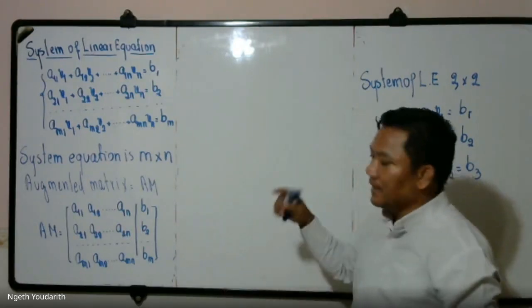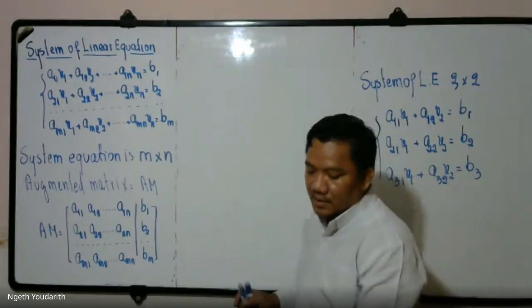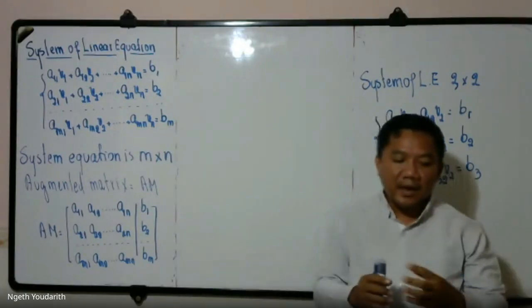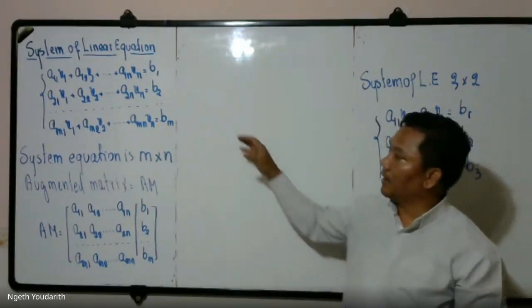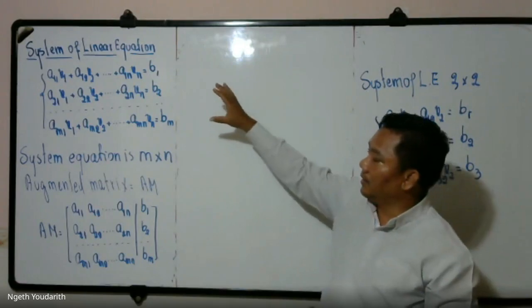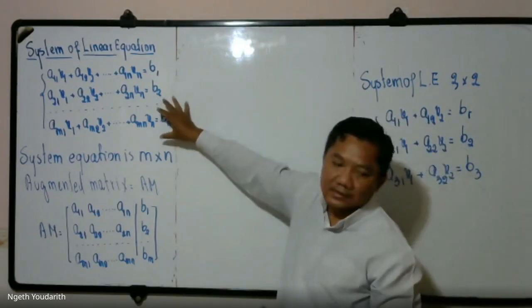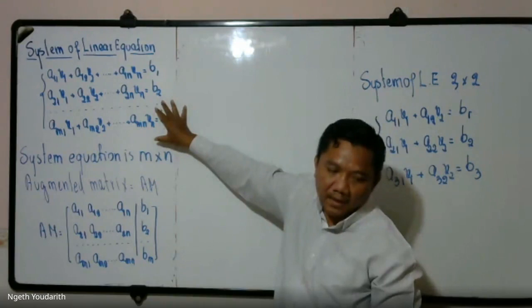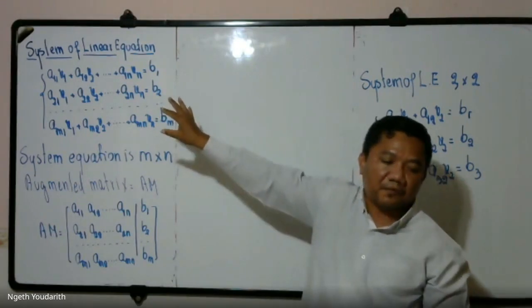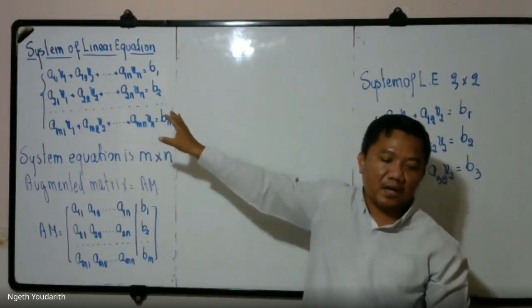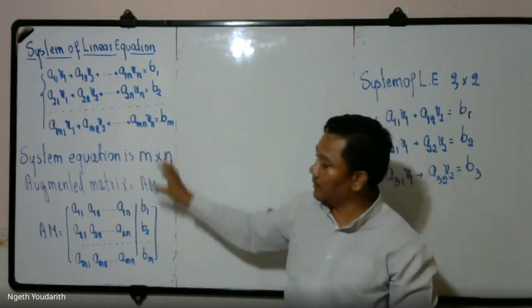At this point, I want you to know only what the system of linear equations is. The system of linear equations can be written in this general form. And we can convert from our system to Am like this one.